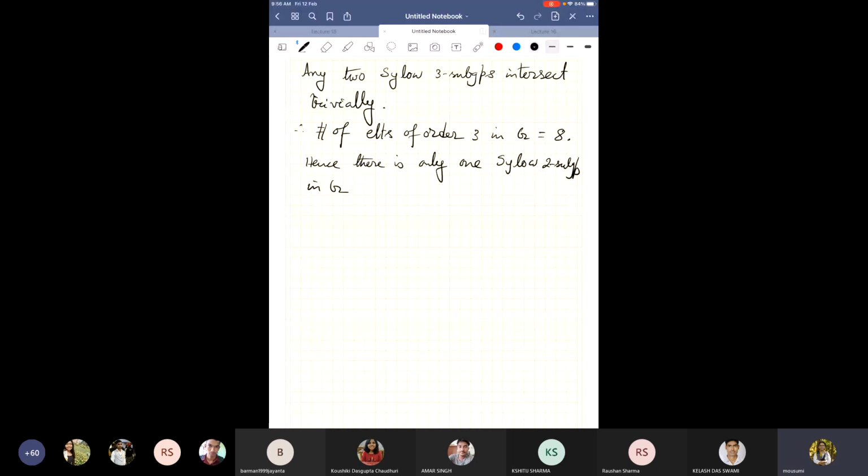So that means if I start with K not normal, then it forces H to be normal. That means one of them has to be normal. So we have proved that either H or K, one of them has to always be a normal subgroup.